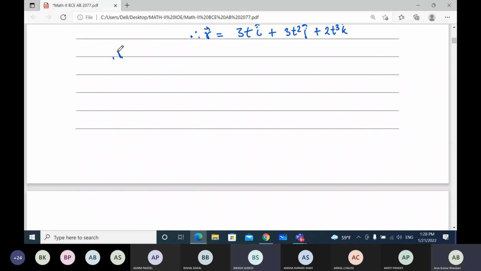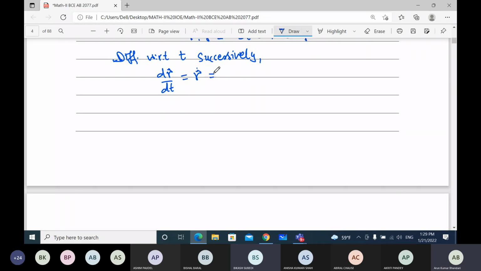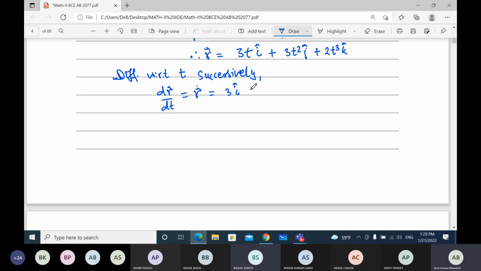Therefore, differentiating with respect to t successively, because you need up to third order, you get dr by dt, which is simply r dot, equal to 3i plus 6tj plus 6t square k.